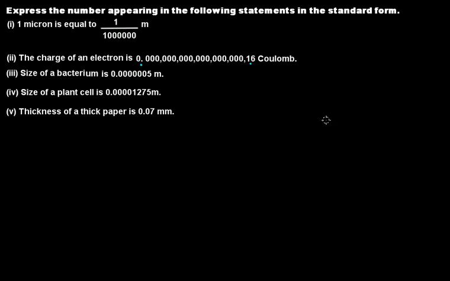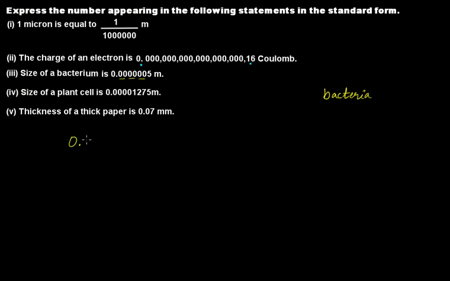In this third part, the size of a bacterium is 0.000004 and 6 zeros. Okay, so the size of a bacterium, bacteria is plural and bacterium is singular, is this much.